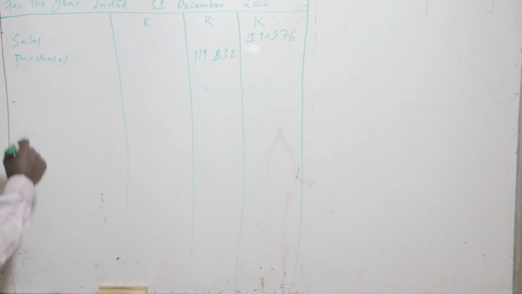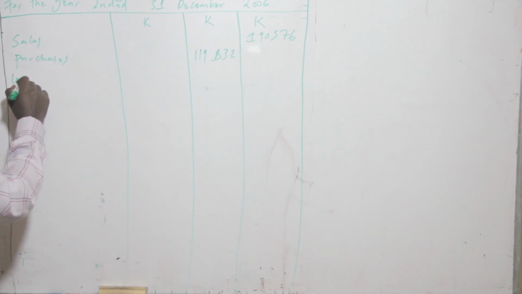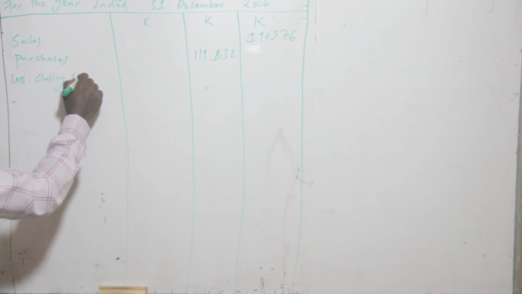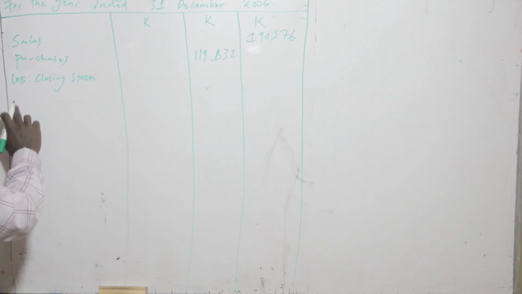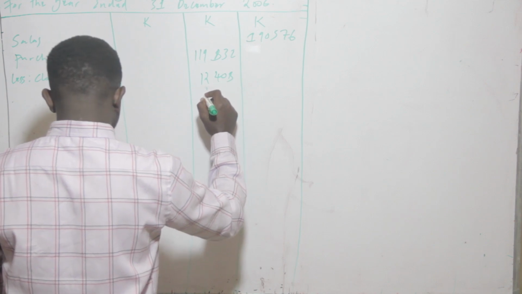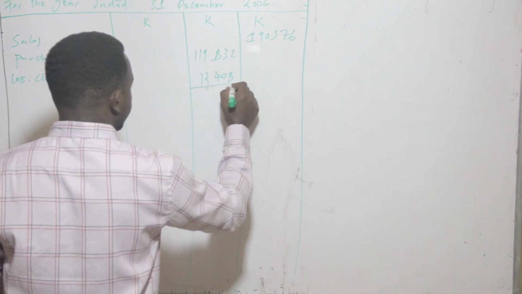Then we can say less closing stock. Our closing stock figure is 12,408.